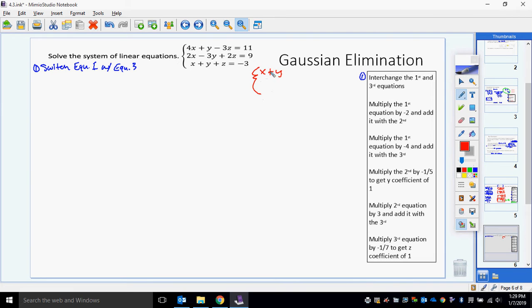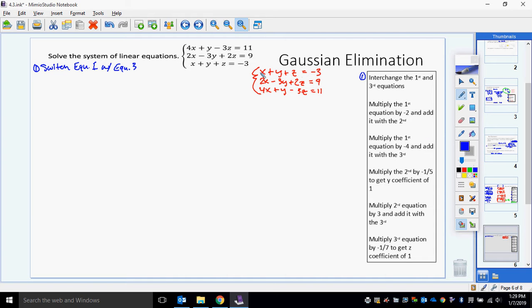Well, nothing's changed except the order in which they're written. So I'm going to move equation 3 to the top of the order. Equation 2 stays the same. And then move the top equation down to the bottom. Okay. Now, first equation's good.